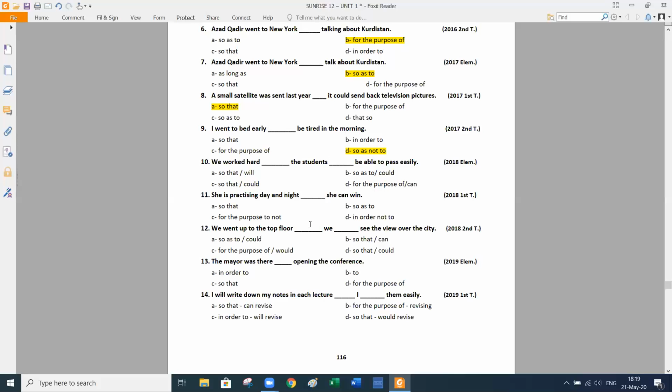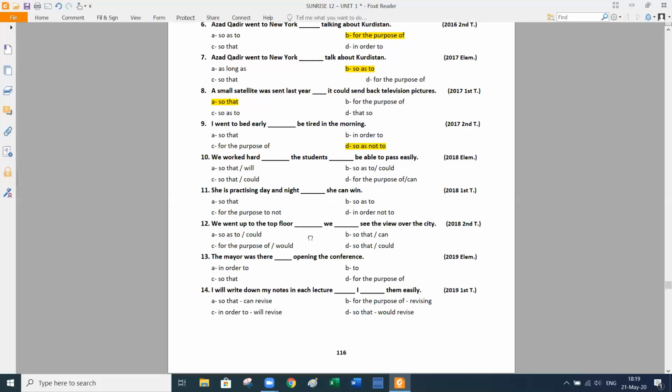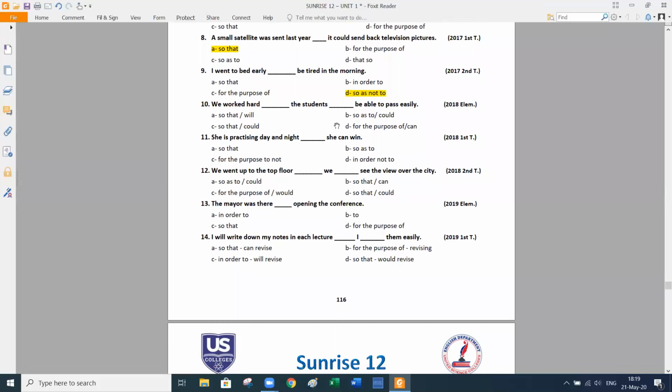And number 10, I worked hard, blank, the students blank. As you see, I have a subject here and 2 blanks. It means there is only one possible choice, one possible structure, I mean. And it should start with so that. A starts with so that, and C also starts with so that.